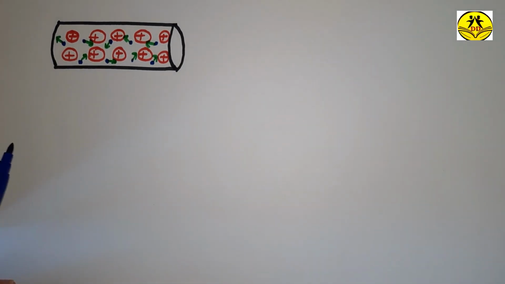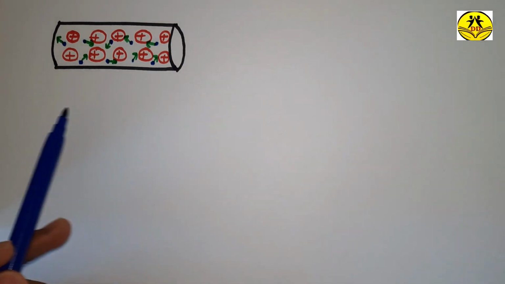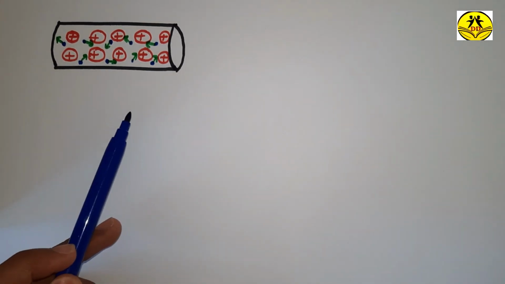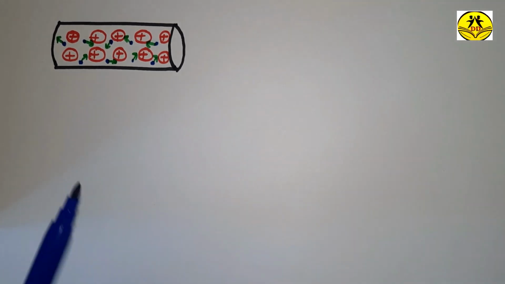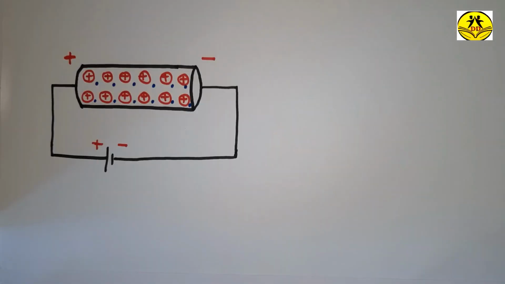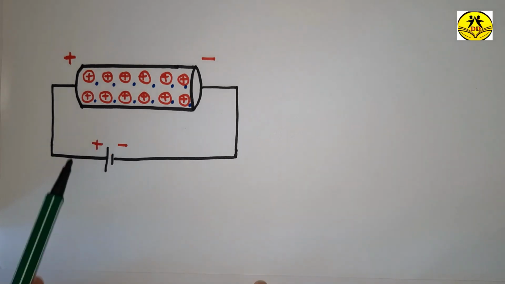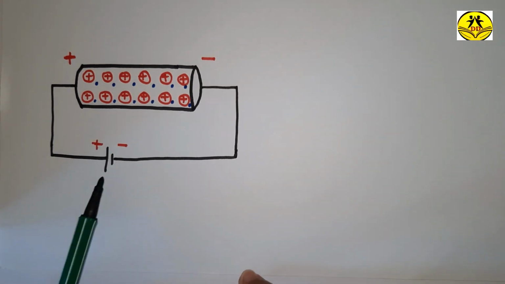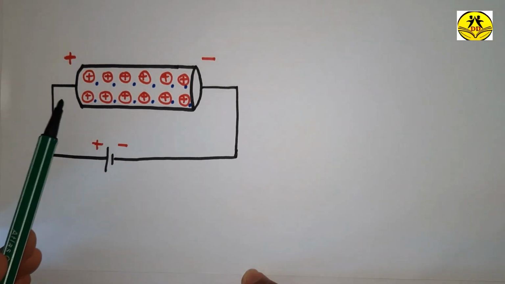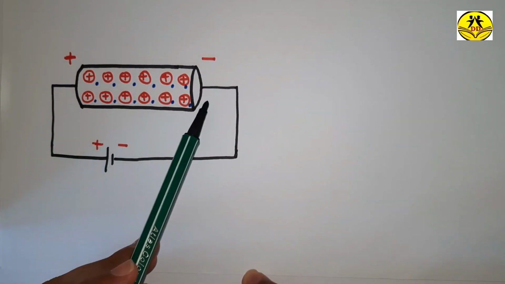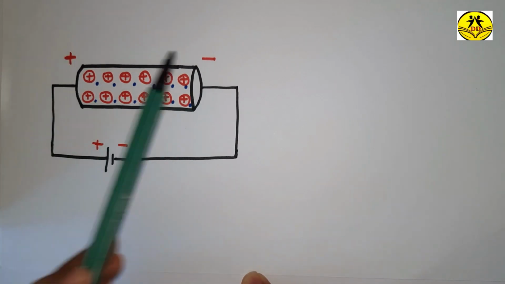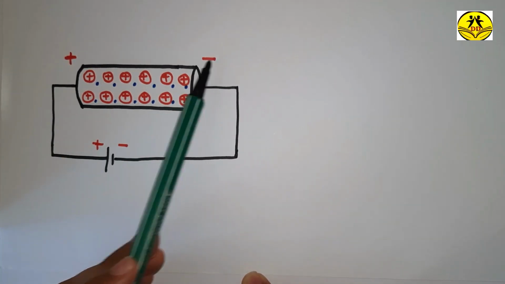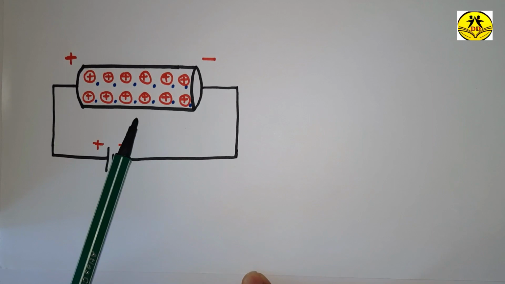So in order for current to flow in a conductor, we need an external electromotive force, means a battery, connected to it. So when an external electromotive force or a battery is connected to the two terminals of a metallic conductor, a potential difference is created across the two terminals of it.